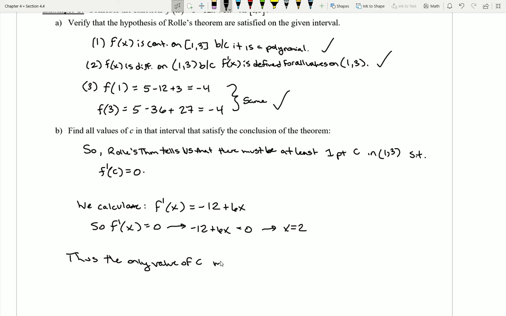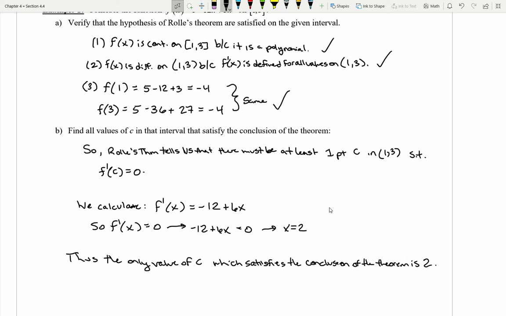So the only value of C which satisfies the conclusion of the theorem is 2. There it is. I found a value between 1 and 3 where I get a tangent line of slope 0.